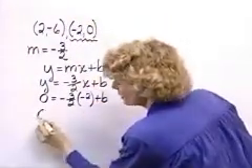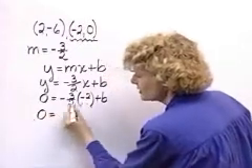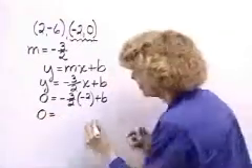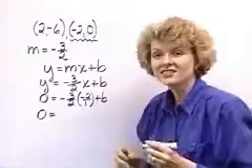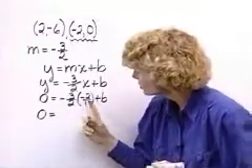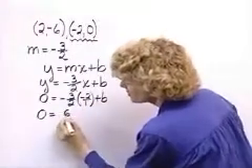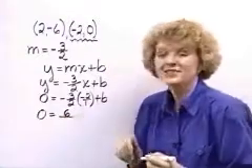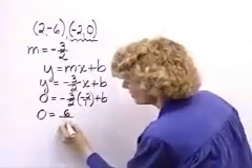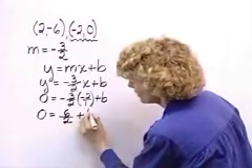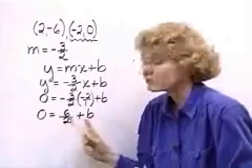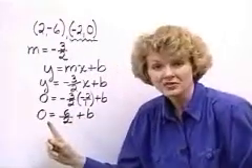I'll have 0 equals, a negative times a negative is a positive, and remember, to multiply fractions, we'll have numerator times numerator. 3 times 2 is 6. Denominator times denominator. 2 times 1 is 2. And then plus b. And then I will subtract 6/2 from both sides.